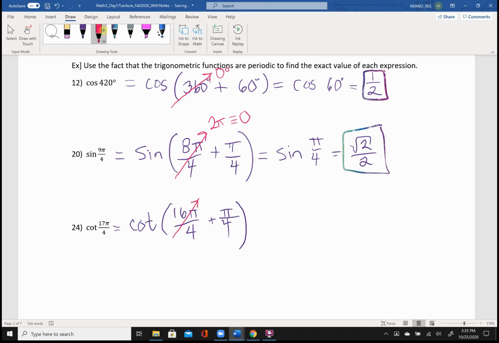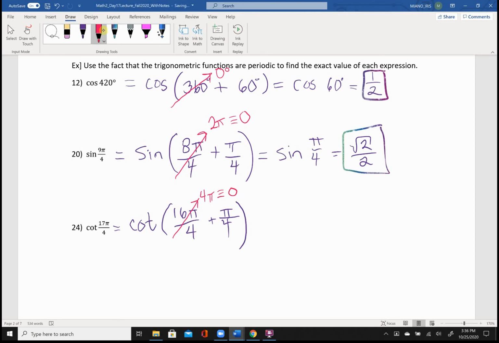Well, that simplifies down to a grand total of 4 pis, which is like how many periodic revolutions? Well, again, cotangent has a period of pi, so this is like 4 individual rotations according to its own particular period. So that means that that is also equivalent to 0 radians, okay? Cool, so hopefully that makes sense to us.